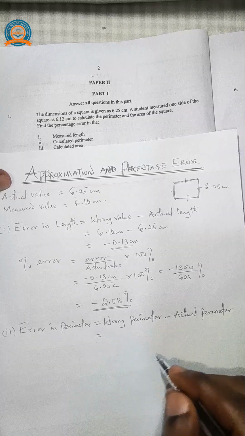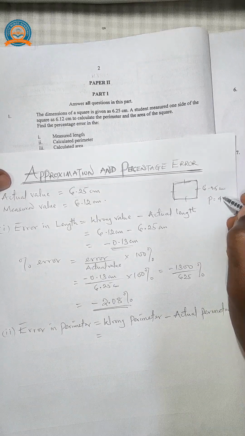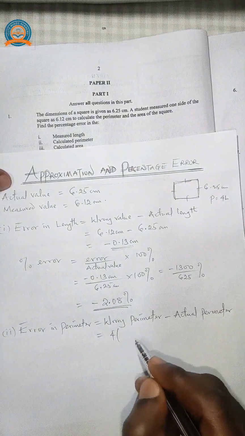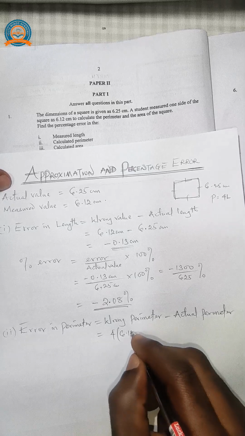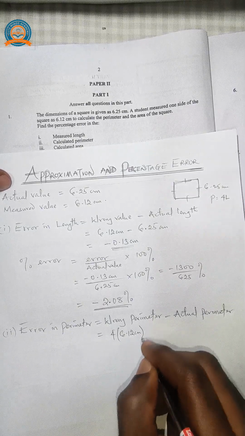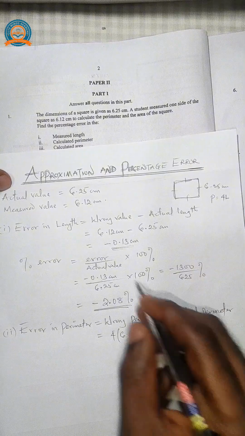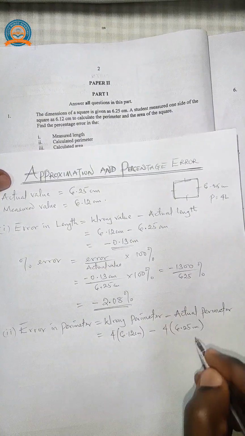So the wrong perimeter, as we know, the perimeter of a square is given as 4 multiplied by the length of one of its sides. Now 4 multiplied by the wrong length or the measured length, 6.12 centimeter, minus 4 multiplied by the actual length, will be 4 multiplied by 6.25 in centimeter.